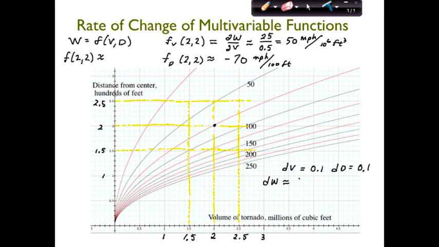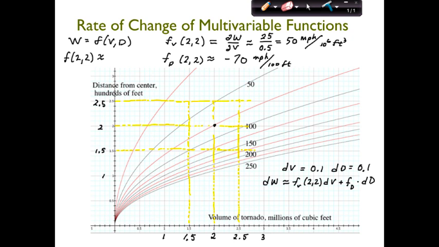Right, so it'd be the rate of change, say at (2, 2), times dV, plus the rate of change, I don't have room, just do that, times dD.